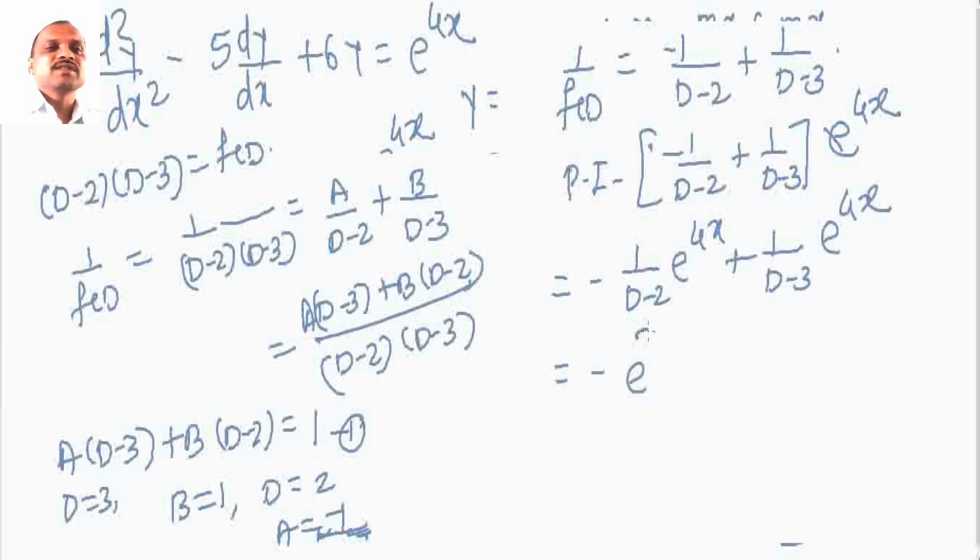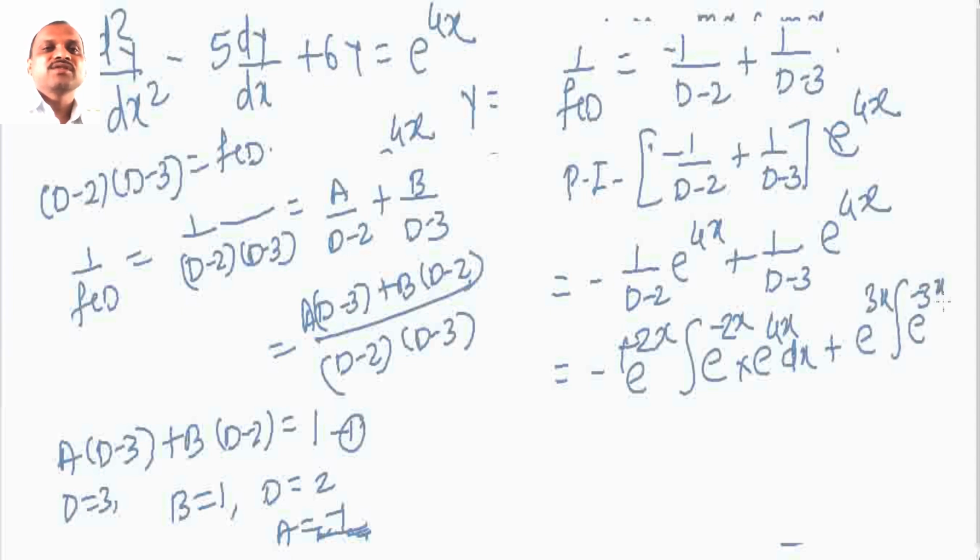Okay, so minus e raised to 2x into the integration of, here I have this minus, so this is equal to minus e raised to 2x into the integration of e raised to minus 2x into e raised to 4x dx, plus e raised to 3x into the integration of e raised to minus 3x into e raised to 4x dx.